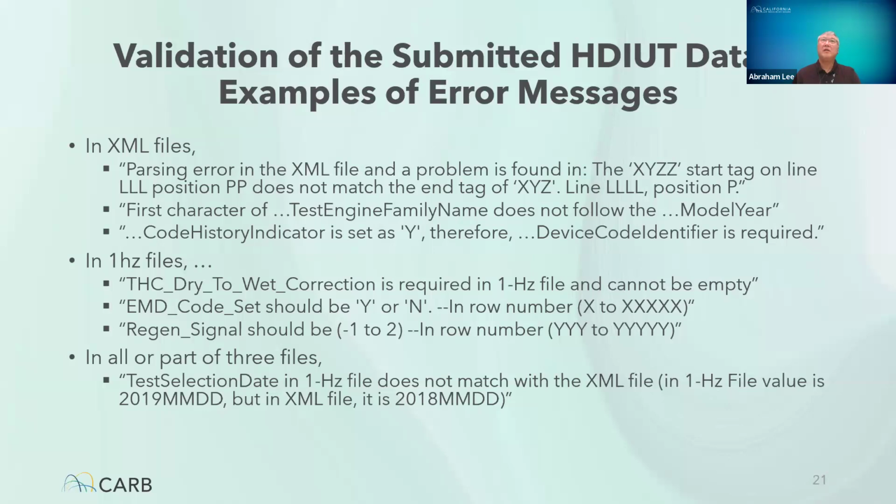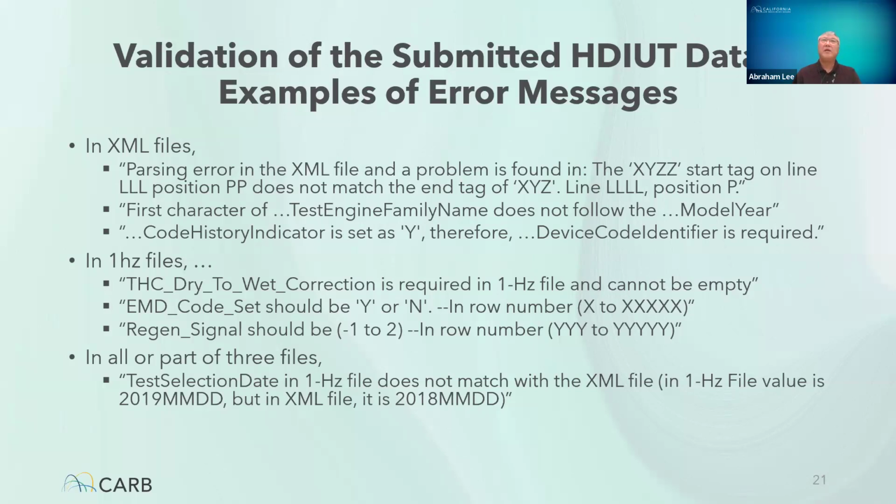In the OneWorks file, for example, if some required data is missing, then it will show like this. For example, THC_dry_to_wet_correction. So basically, THC dry to wet correction data is required in the OneWorks file and cannot be empty.